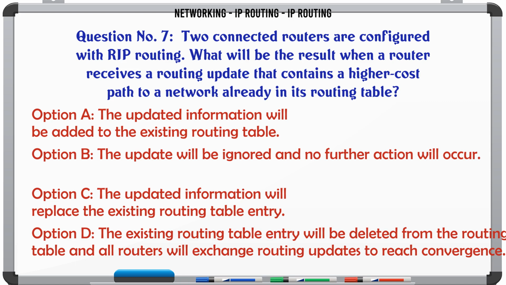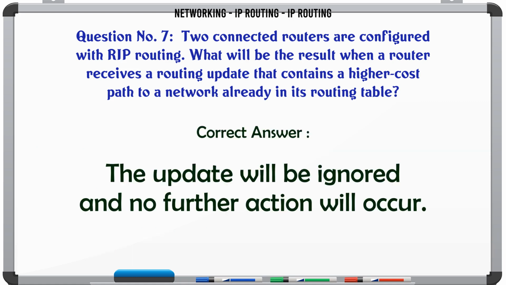C. The updated information will replace the existing routing table entry. D. The existing routing table entry will be deleted from the routing table and all routers will exchange routing updates to reach convergence. The correct answer is the update will be ignored and no further action will occur.